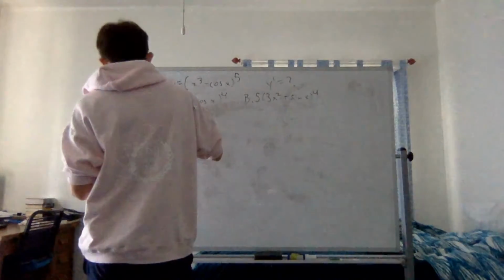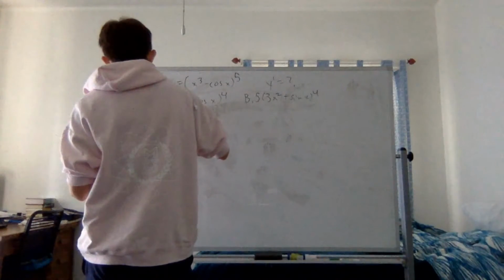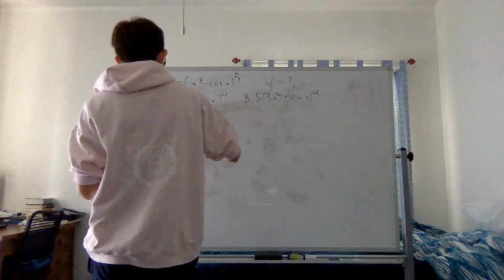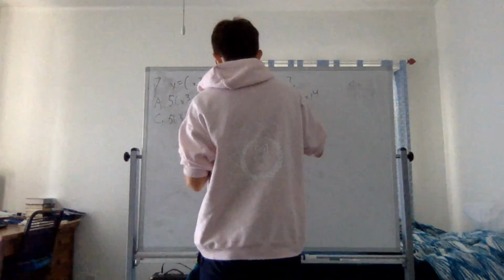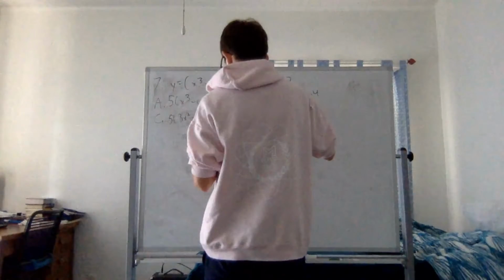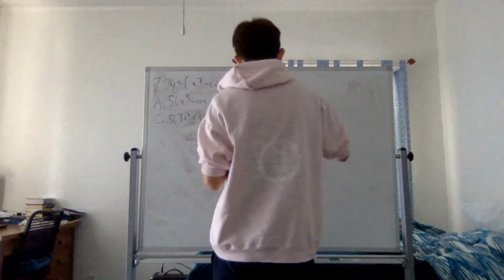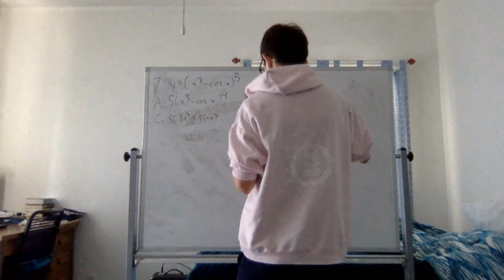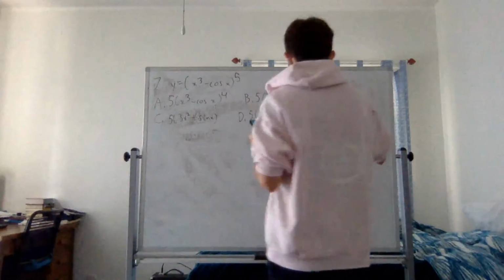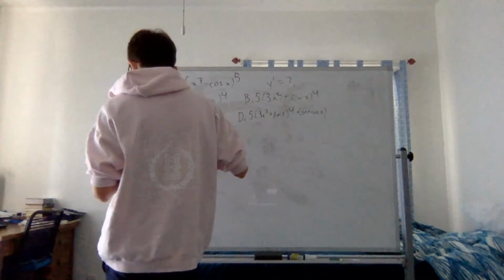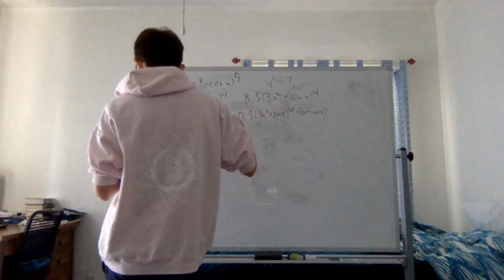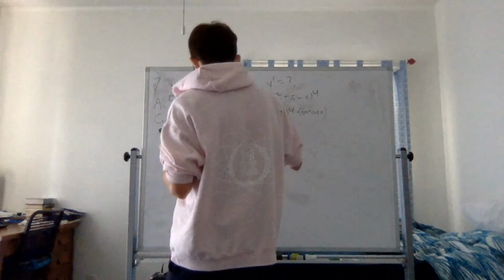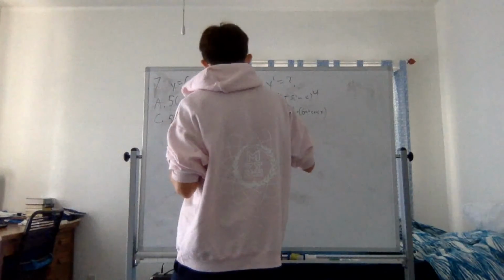C, 5 times 3x squared plus sine of x. D, 5 times 3x squared plus sine of x to the fourth times the quantity 6x plus cosine x. And then E, 5 times x cubed minus cosine of x to the fourth times the quantity 3x squared plus sine of x.